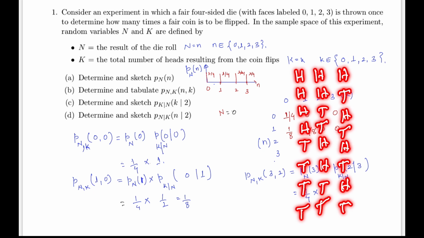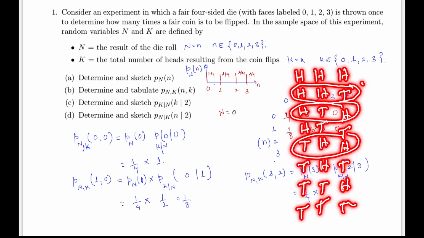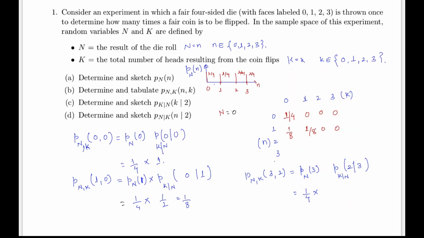So you will get the 2 heads. So what are those cases? Those cases are this one, right, this one, right, and this one. So there are 3 cases where you are getting the 2 heads exactly, right?